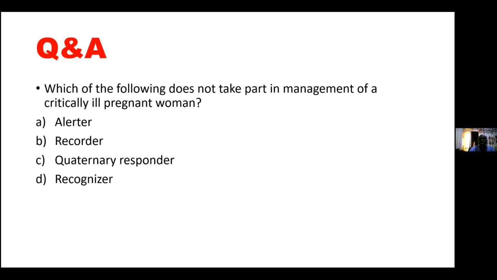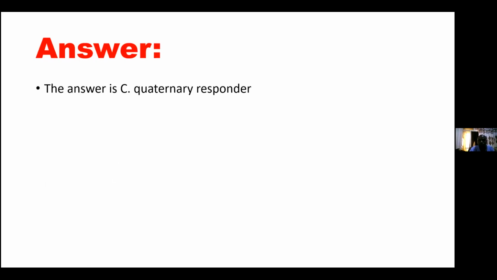And then we can end the poll. So as we discussed, remember, we have someone who will be alerting people that we have a critically ill patient. We have the recorder, recognizer, primary, secondary, and tertiary responder who will be involved in management of the case. Thank you. Next slide, please.